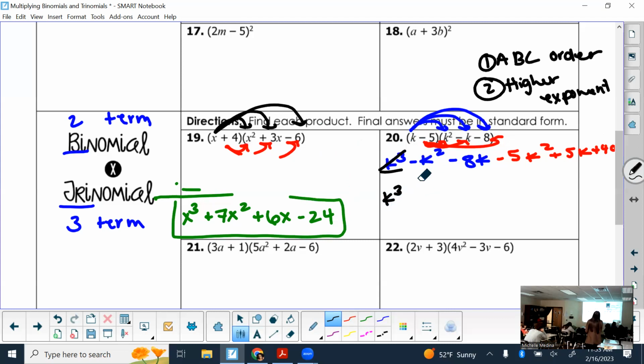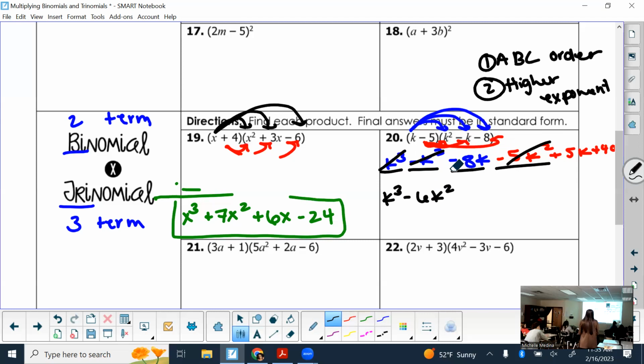Table 2, do I have a like term for the negative k squared? What do I get when I combine those? Good. So remember, combining, you're adding the coefficients. So I have a negative 1 plus a negative 5, negative 6. I'm going to leave the variable part alone.